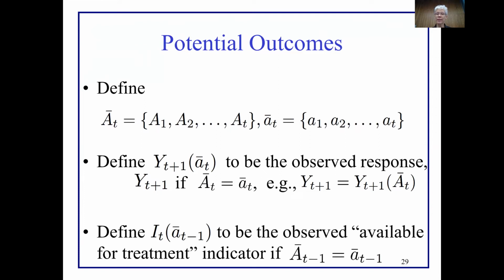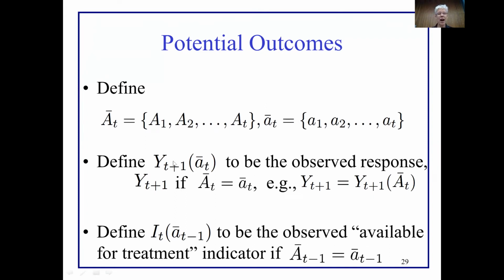So lowercase a1 through aT is just a pattern of zeros and ones, depending on whether or not the person got the suggestion. And you can imagine that for each individual at any given time, their 30-minute step count after a decision point could have been impacted by any of the treatments they got prior to that. And that's the reason why, I hope you can see my little arrow.